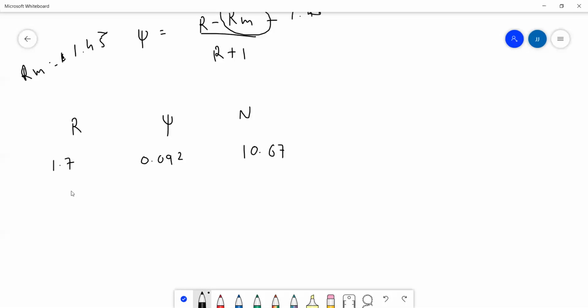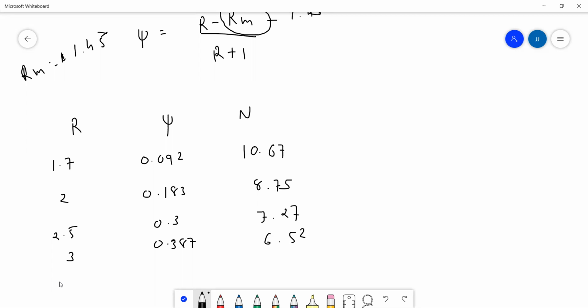If you take R equal to 2, then psi is 0.183 and N is 8.75. If you take 2.5, you will get psi 0.3 and N equal to 7.27. Then for 3, you get psi 0.387 and N is 6.52.